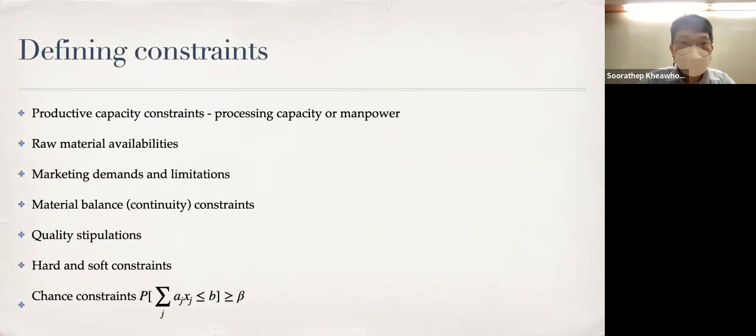And we talk about how to define the constraint. For example, the productive capacity constraint. This is the constraint defined by the capacity of the process, of the equipment, whatever.